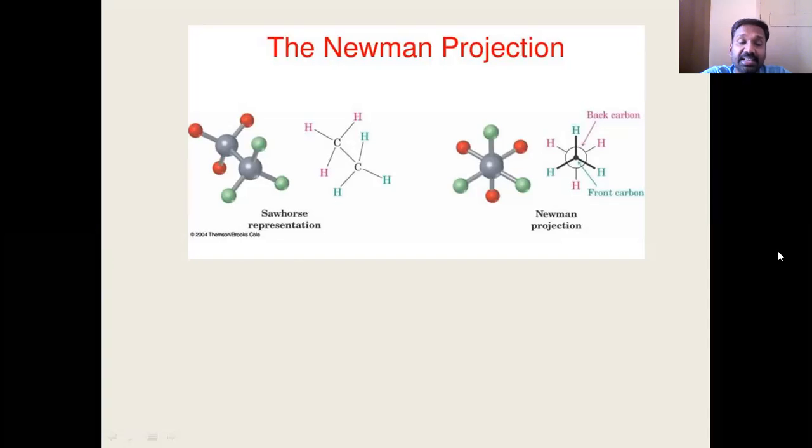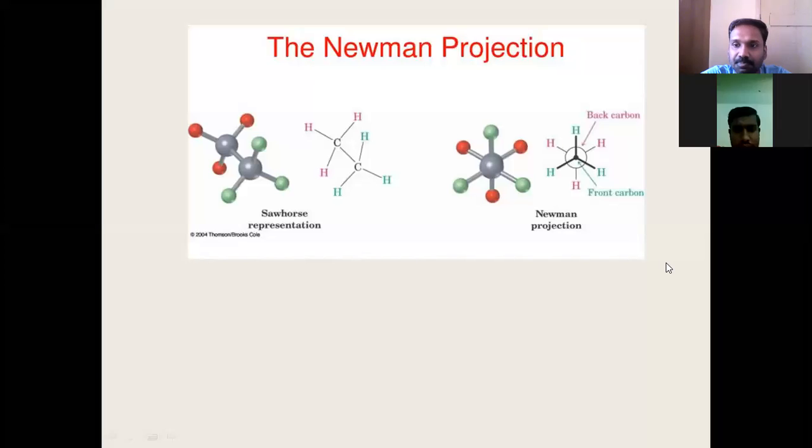Newman projection is drawn after viewing the molecule from the front. What do we mean by front? See, this is the picture of ethane. I have constructed an ethane molecule here. Now, the angle of viewing is here.